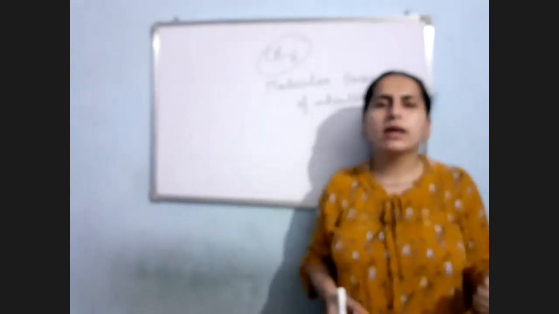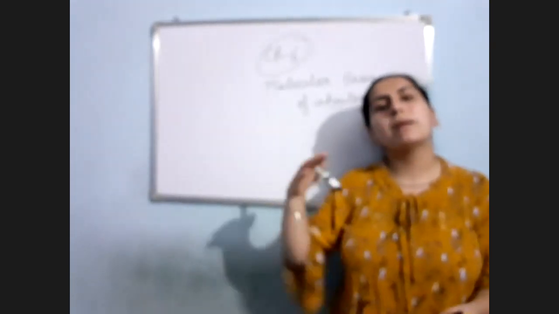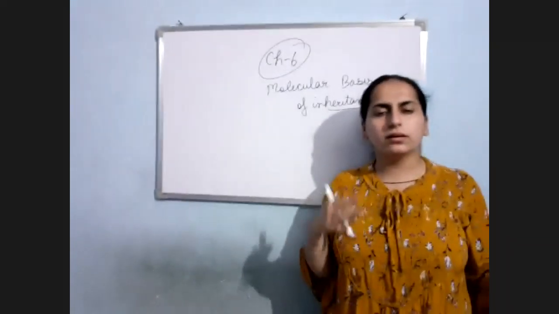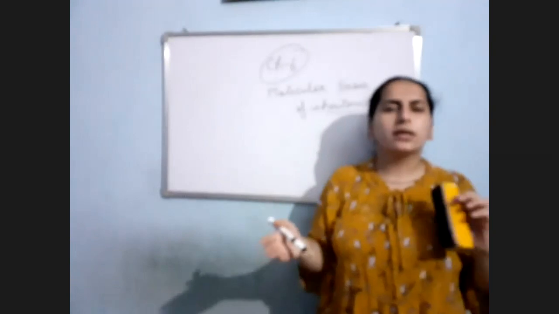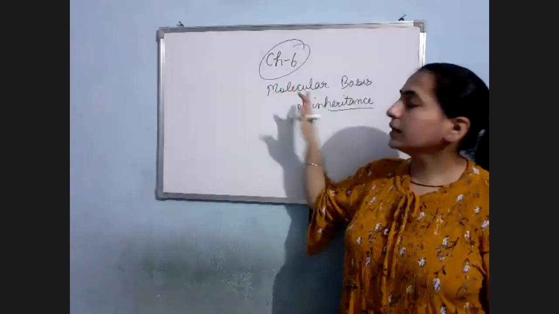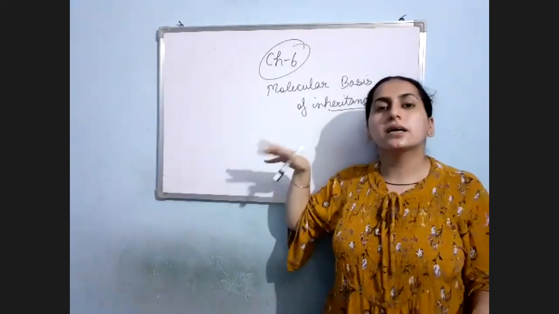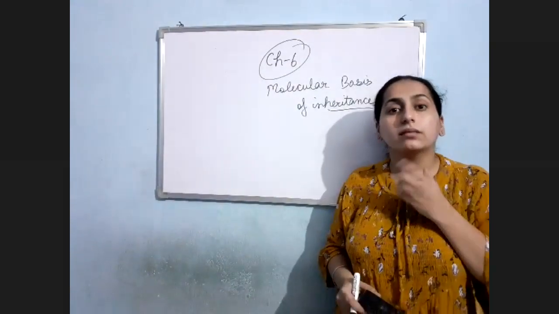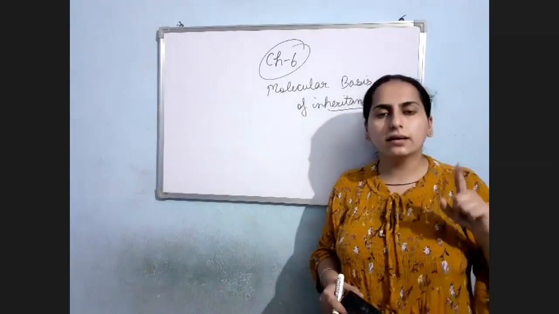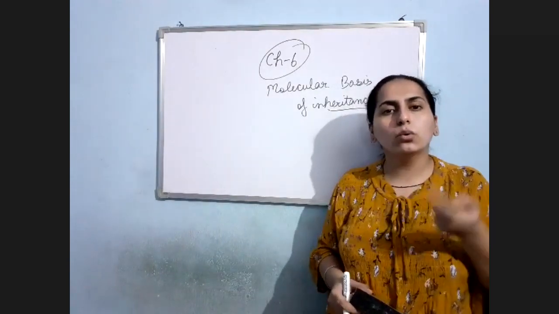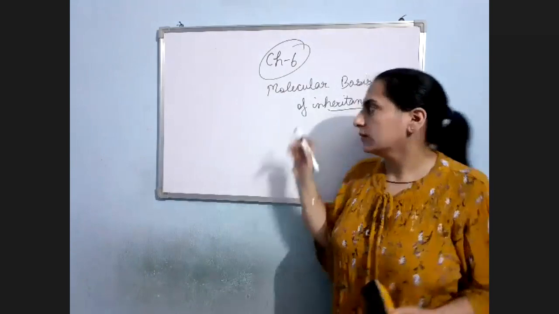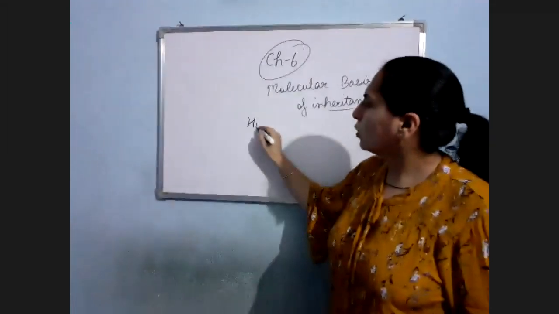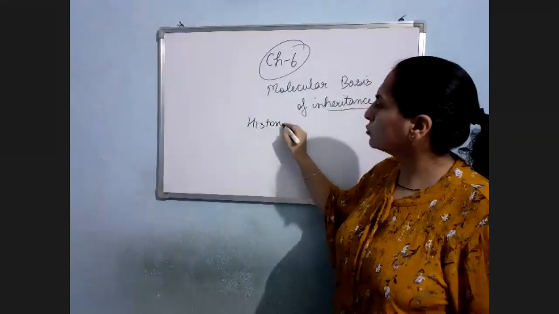In chapter number 5, we have discussed the patterns, how the characters are being transmitted from one generation to the next. But in molecular basis, we shall study what is there in an organism that is being inherited from one generation to another. Clear? Now, if I talk about the history first, although less important, but you should know.